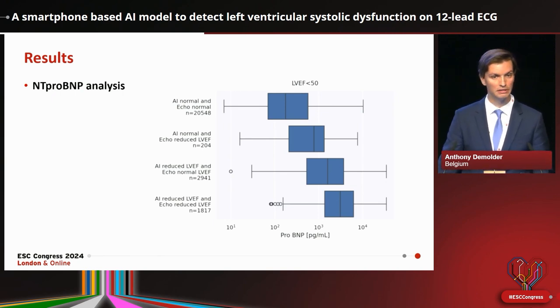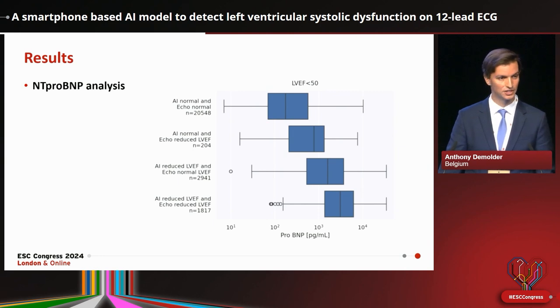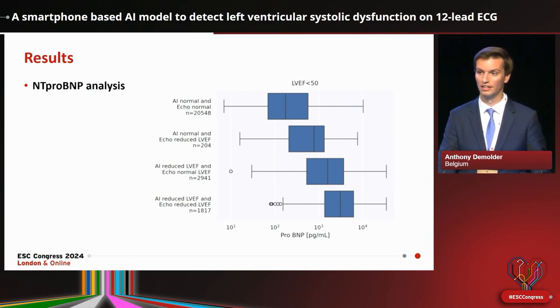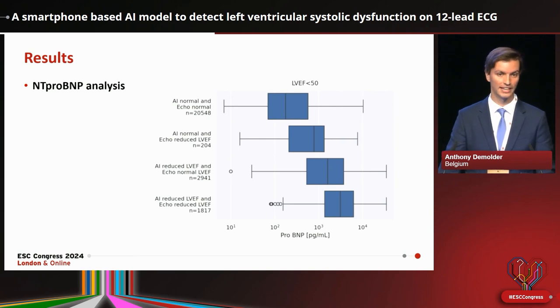But the proBNP further increases when the AI showed a reduced left ventricular ejection fraction, but the echo remained with a normal ejection fraction. And lastly, the highest proBNP levels were seen in patients having an AI-predicted reduced LVEF combined with an echo that also showed reduced LVEF.